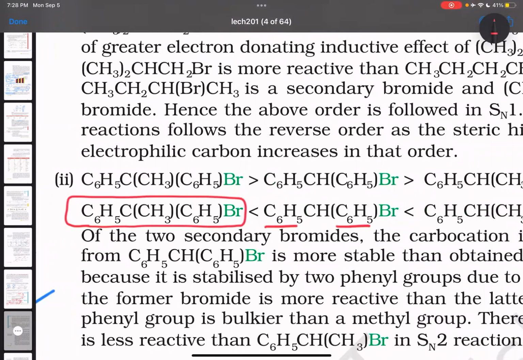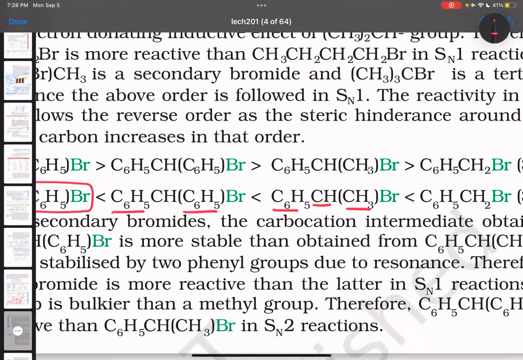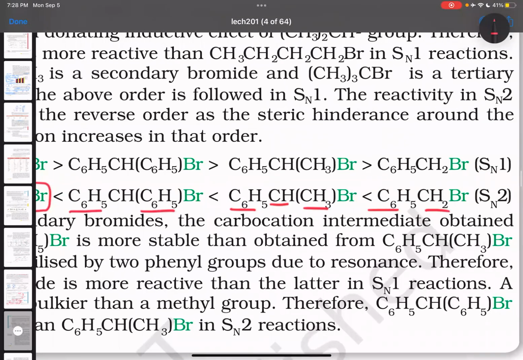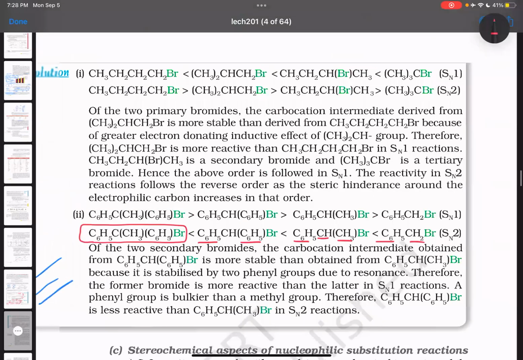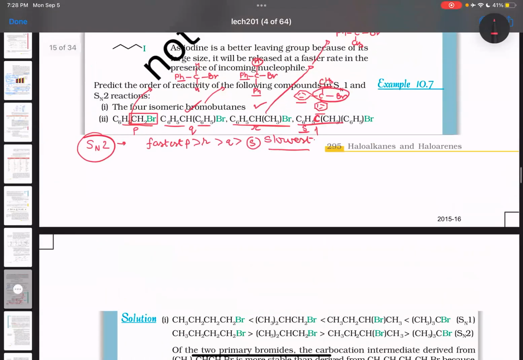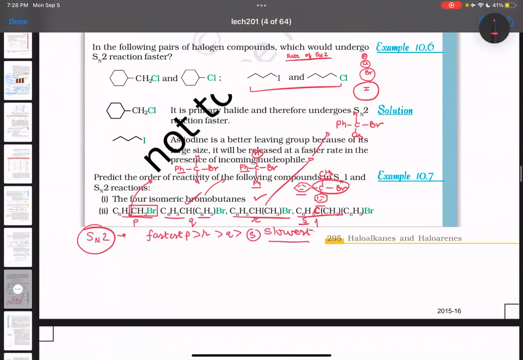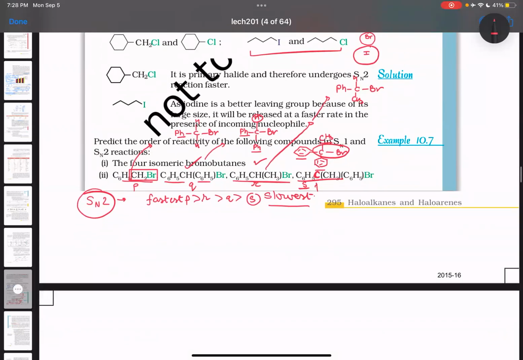Because two phenyl rings are there, and in the other one phenyl, one methyl, one H, only one phenyl and two H. Absar, are you getting what I'm trying to say? Yes, sir. Okay, Anushka, Rayan, yes, sir, understood.